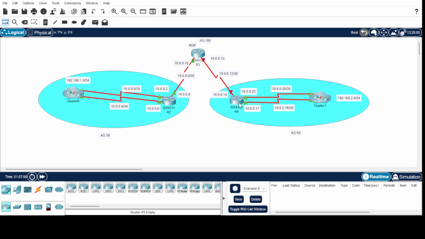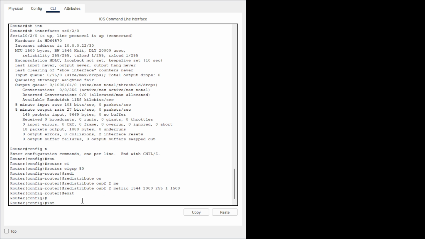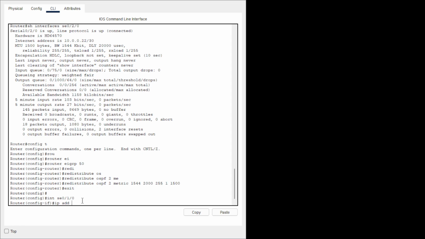Similarly, we have to do this for the edge router number 4. So bringing the screen of router 4, so interface SE 0/1/0 IP address as 10.0.0.14 subnet mask 255.255.255.252 and the no shutdown.